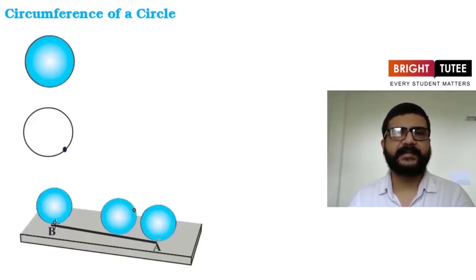As you can see here, this point B is touching the table. Now we have to roll this circular card along a straight line till the marked point touches the table again.